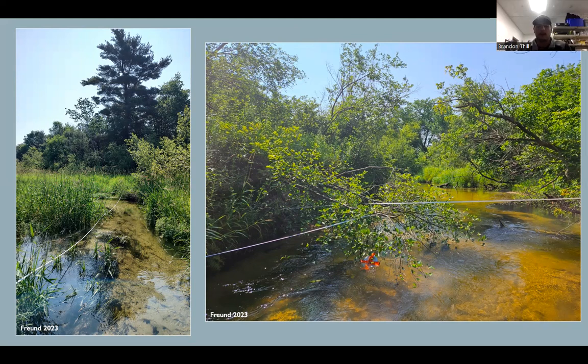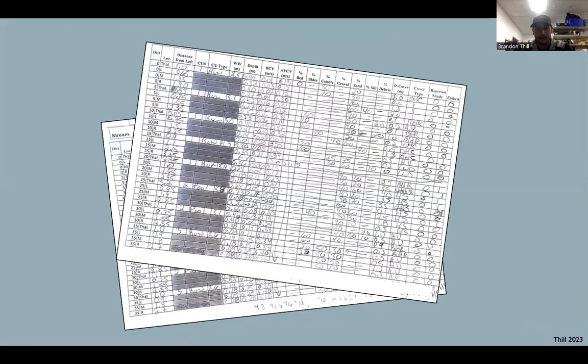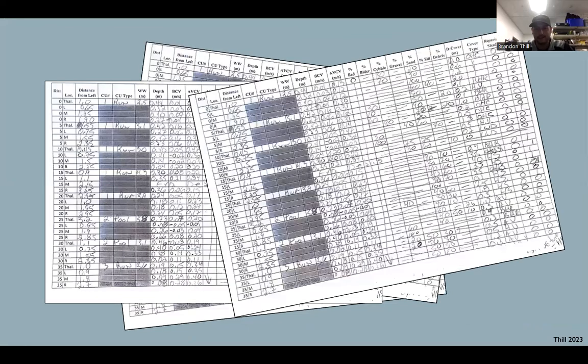So for each stream reach and all 31 transects at each reach and all 4 points at each transect and all 8 variables at each point, we would end up with something that looked like this and this and this and this. Now, this is an overwhelming amount of data, and that's the point. It is so much data that we have to work with.